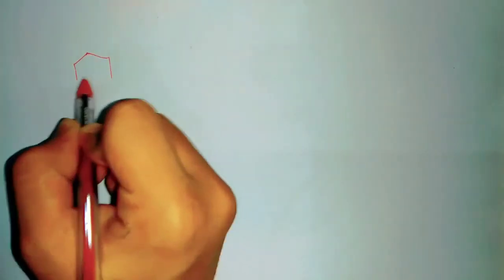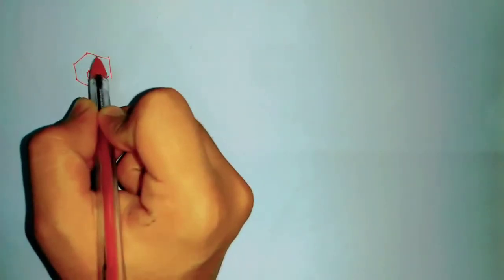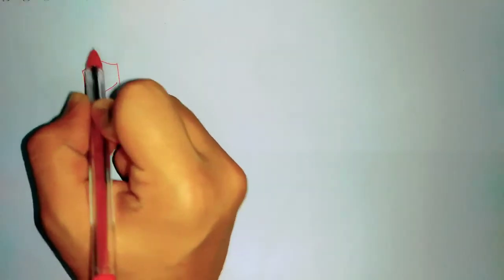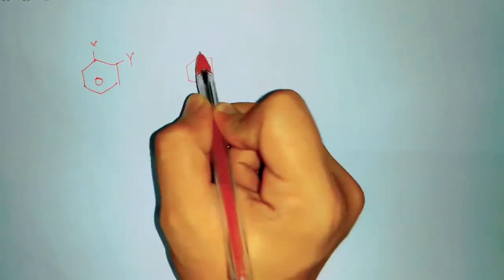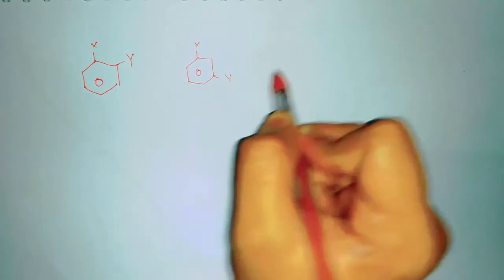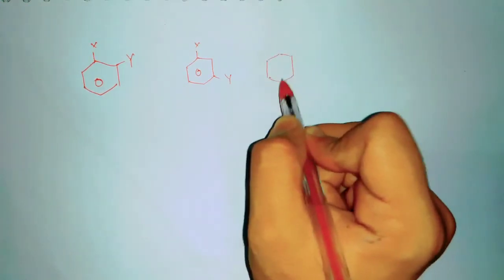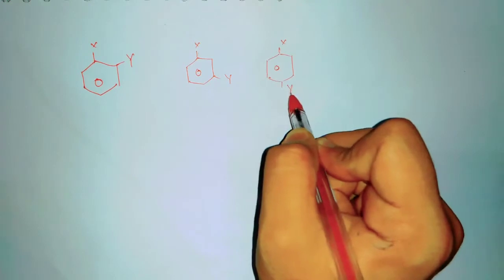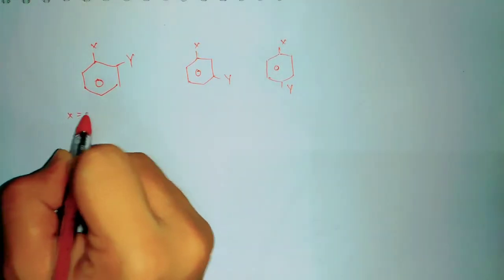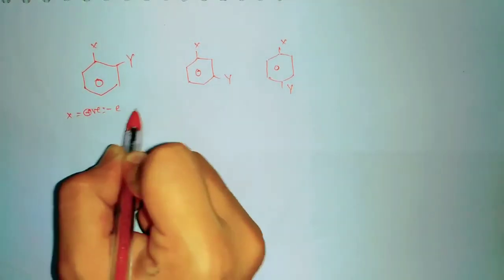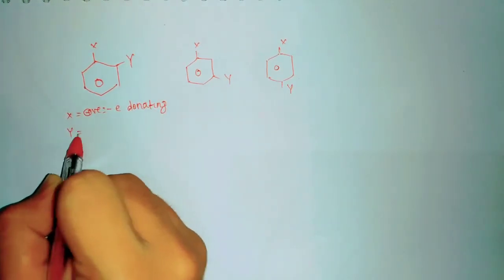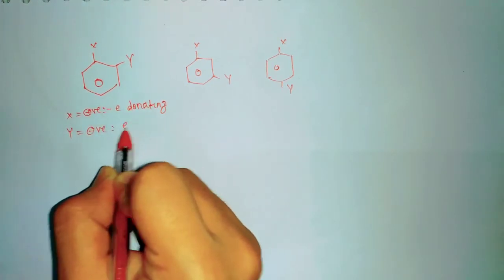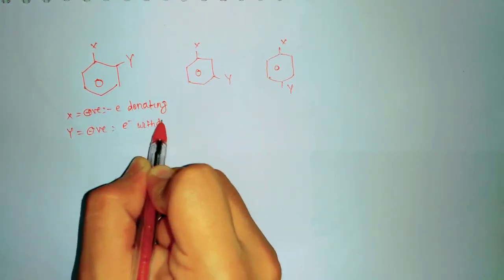Again, drawing the structures, X, Y. We are assuming that X is positive, meaning electron donating, and Y is negative, that is electron withdrawing.